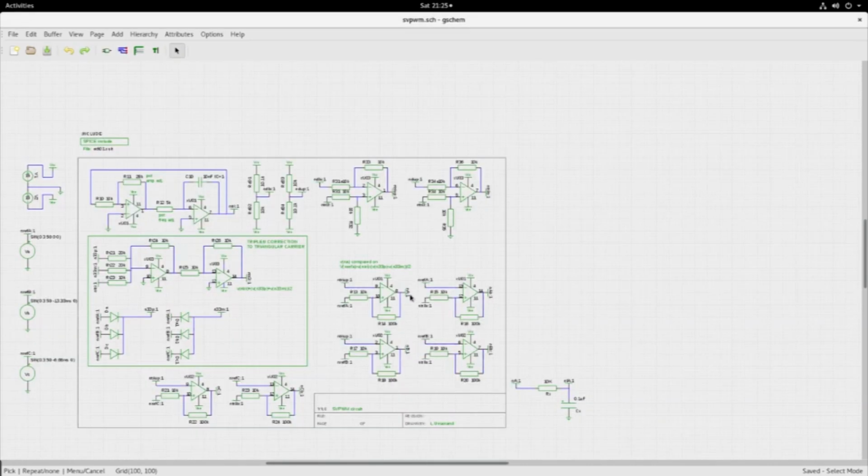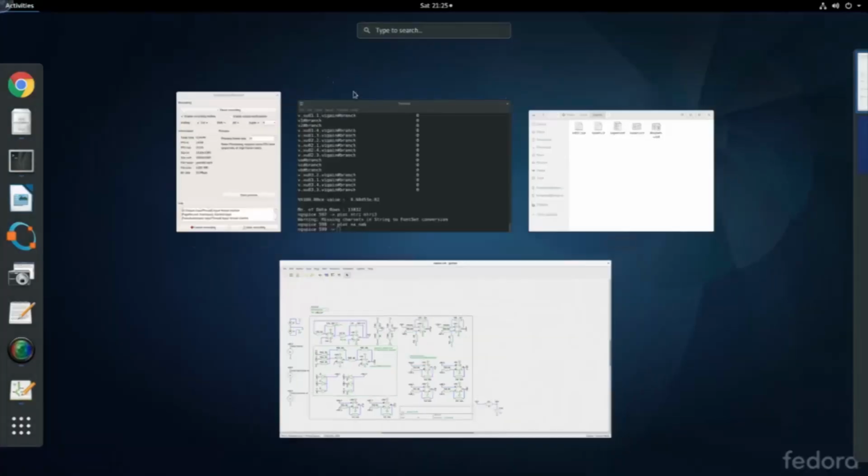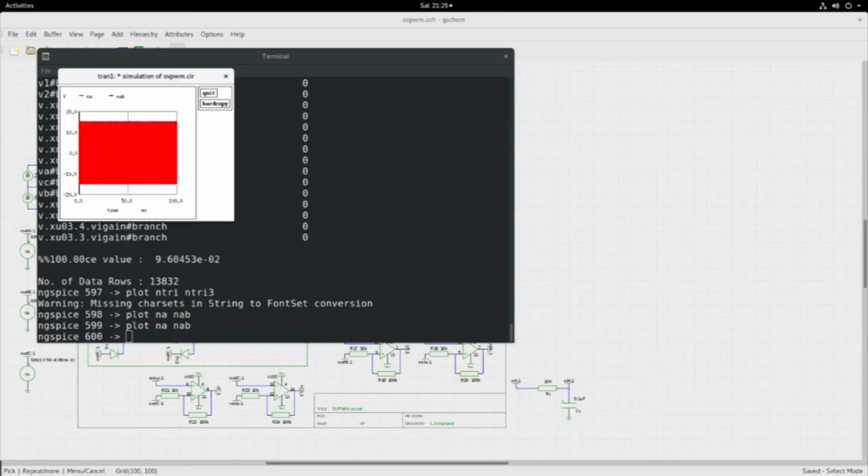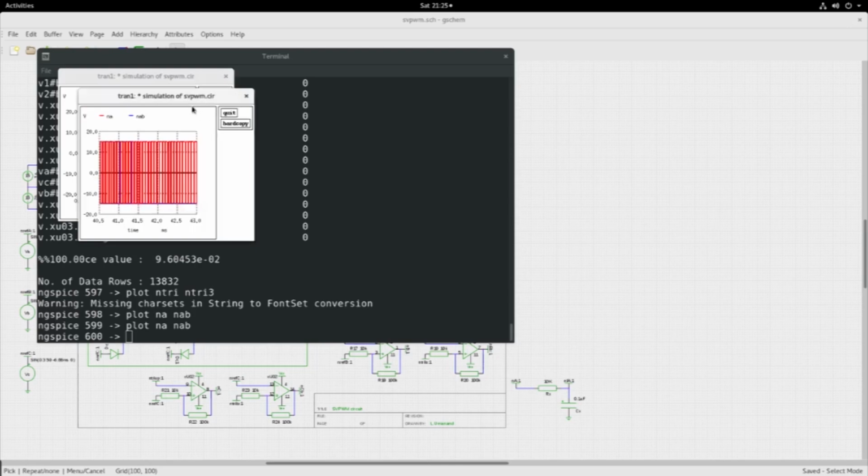Let us now see in the A arm, NA and NA bar. These two we can see the dead time effect. So we can go to the NgSpice environment and plot that and look at a very small portion, expand that.